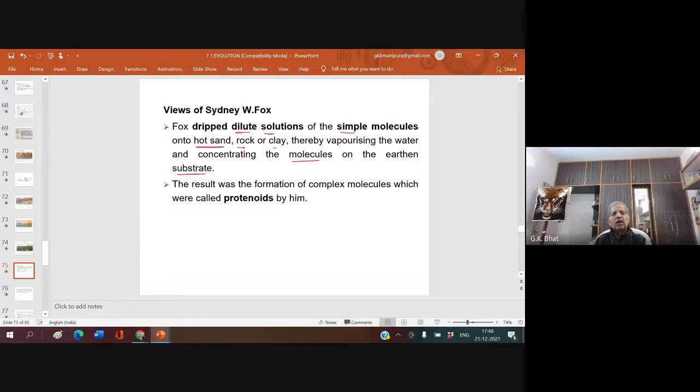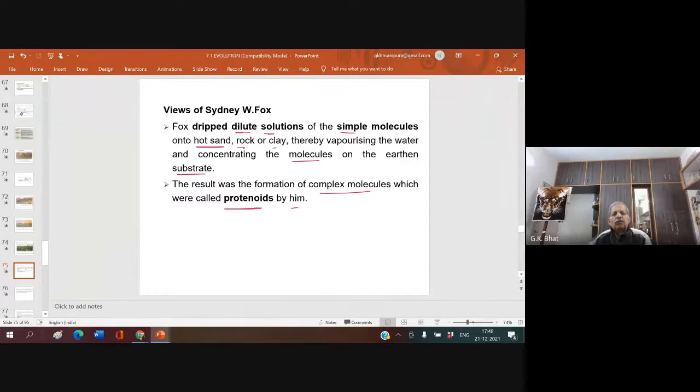What he noticed, when he dripped these dilute solutions of simple molecules on very hot sand, was that he got some complex molecules, which he called proteinoids.